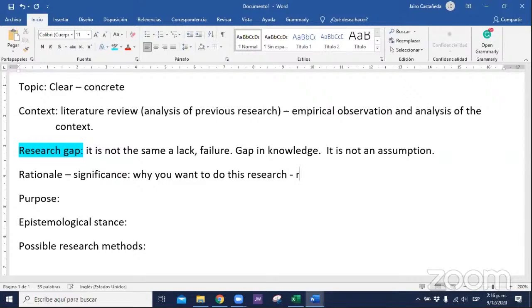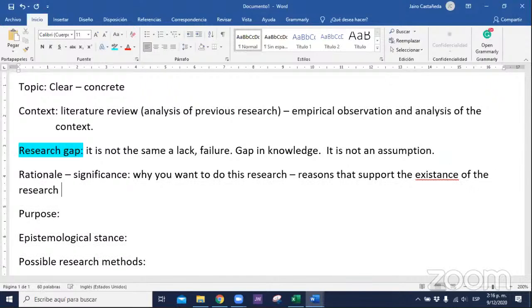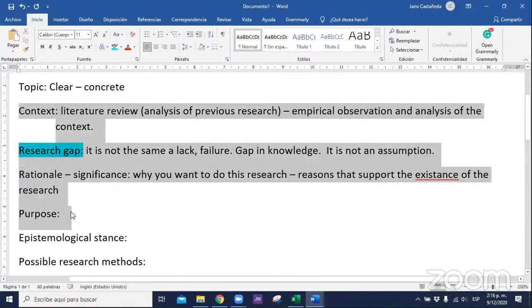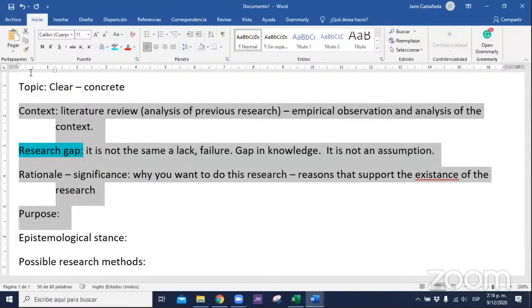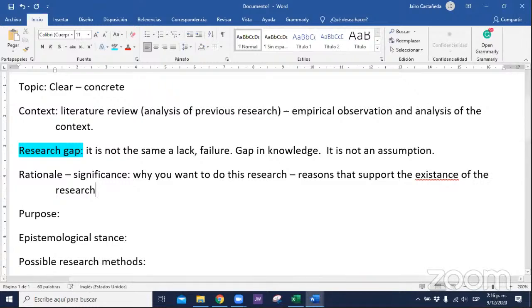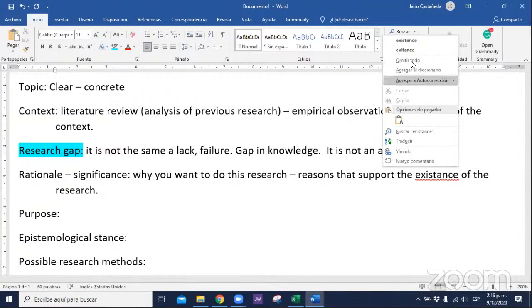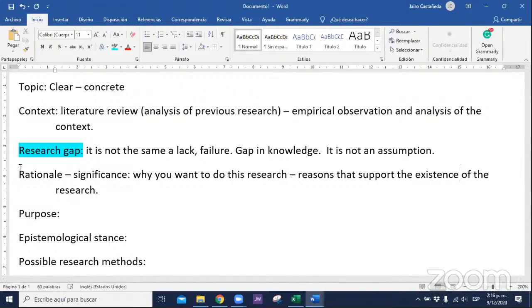It is because there are reasons that support the existence of the research. It must be justified from something. Why is it important? Why do you need to do this research? It is not just because you want, you desire, you like. There must be other kinds of reasons to support this research, okay?